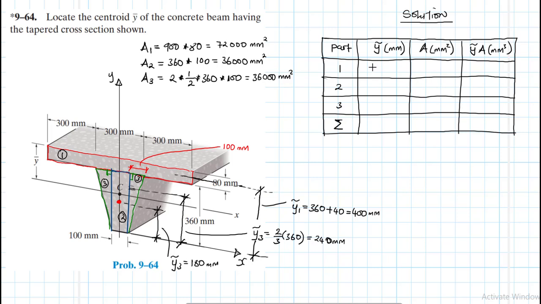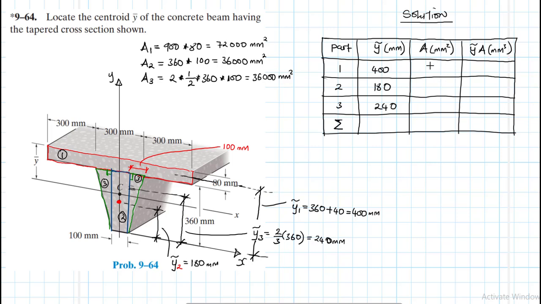So for y1, we said is 400, and y2, this one is y2, that's 180. And then we have y3, which is 240.